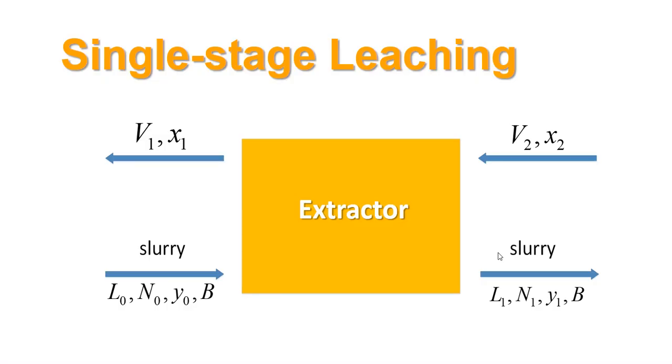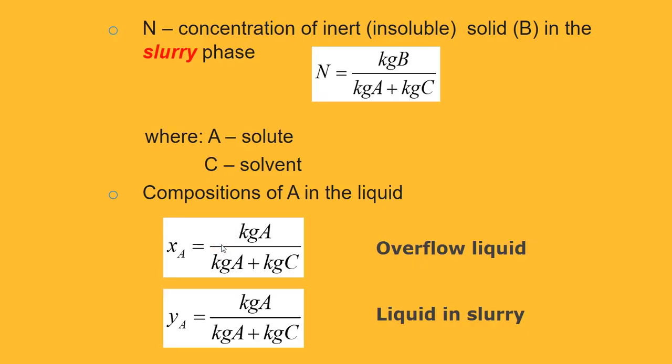The L and the V here only take into account the A and the C. Specifically, we won't have any problem with the B because here the B is just all C, where in here, the V is A and C. But in here, we will have a very big problem if we forget that these L's only take into account A and C. It does not take into account the inert carrier solid B. So take note of that because that's always the major cause of error in leaching problem computation.